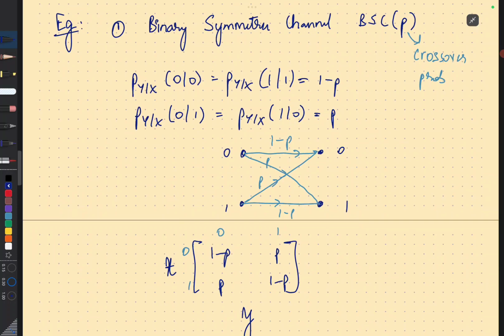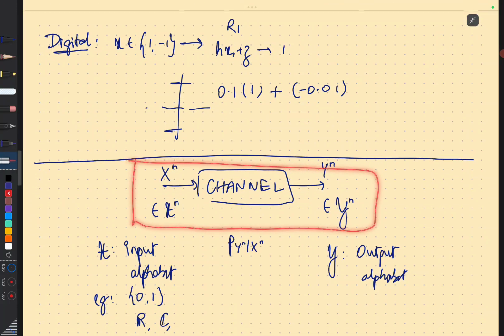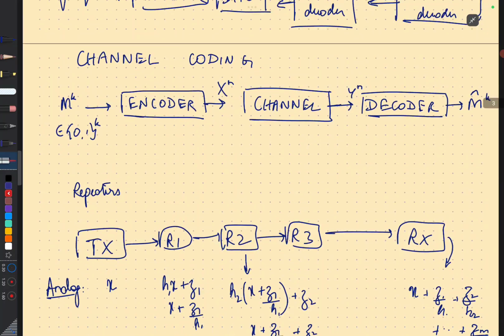So now, given this particular channel, is there a way of transmitting information reliably? Going back to this block diagram, we have this communication system.